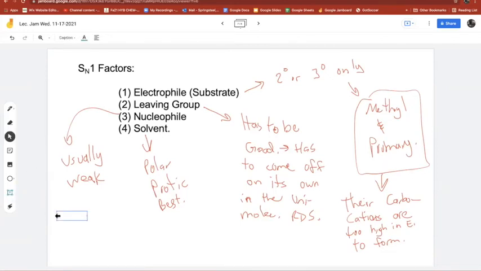So I'll type this up. The rate determining step has lots of charge, partial charge.